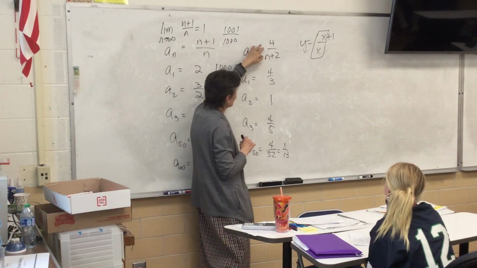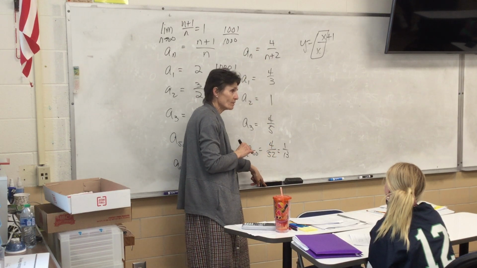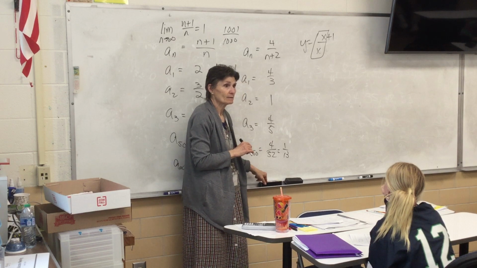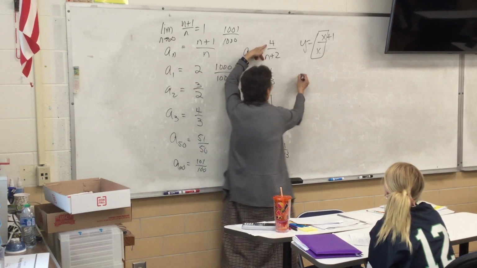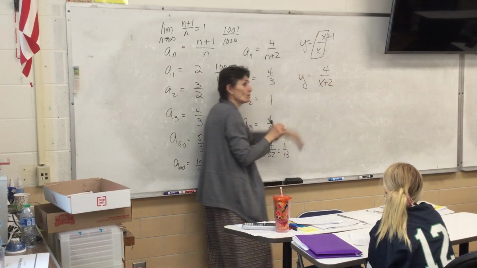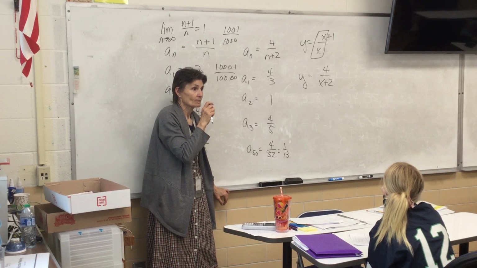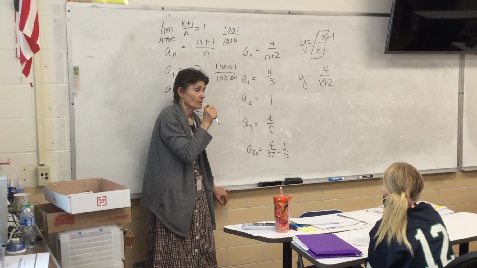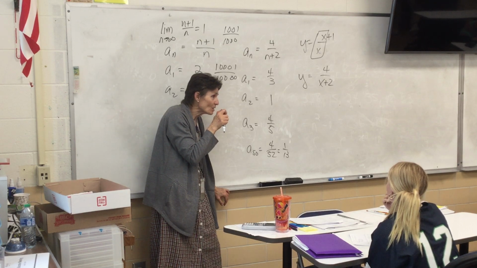Now what about this one? What's happening to these numbers? Well, they're getting smaller, right? Where would the asymptote be if the problem were 4 over x plus 2? Where would your horizontal asymptote be? How do we find a horizontal asymptote?